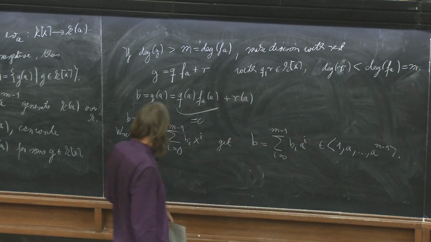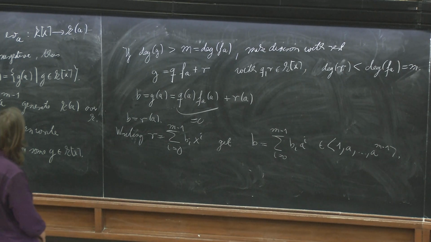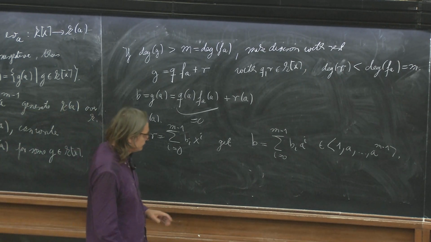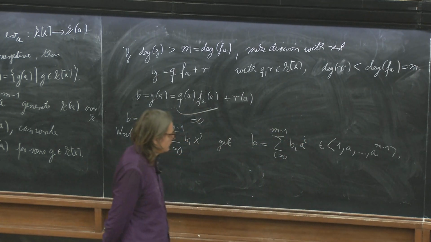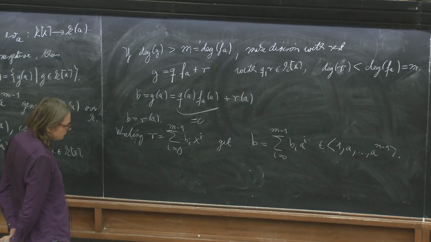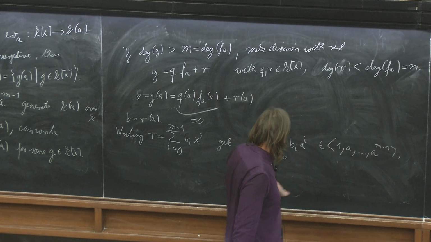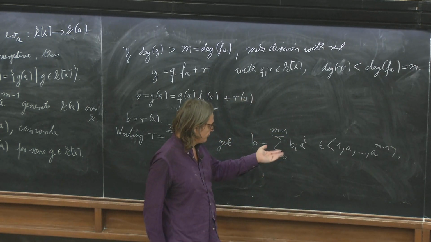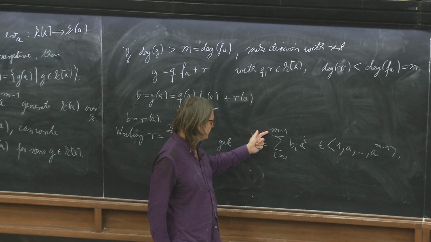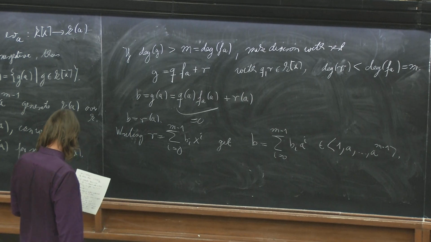Okay, so this is quite simple. And conversely, we can argue in the same way. We have to show that these elements are linearly independent. If they are not, you would find such a linear combination of them which is 0, which gives us a polynomial of degree smaller than m which vanishes at A, and which is not possible.